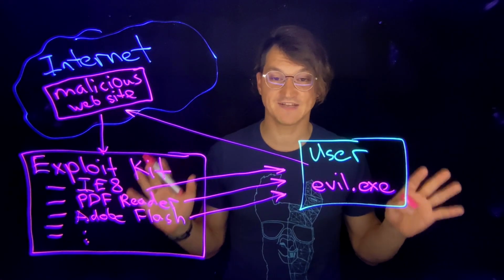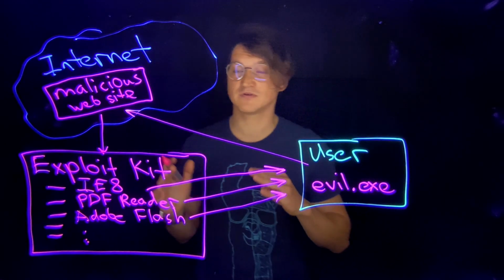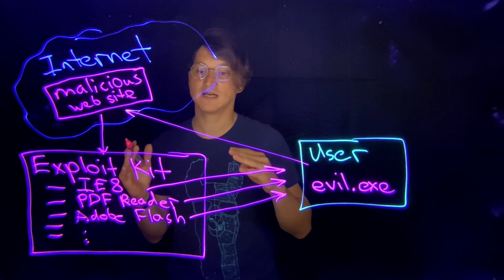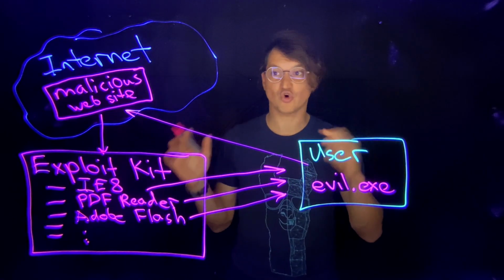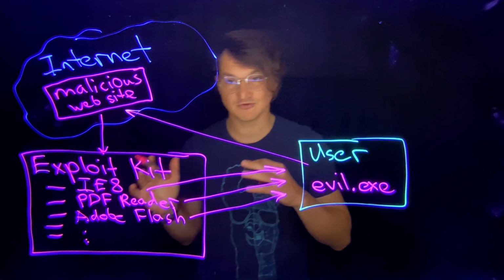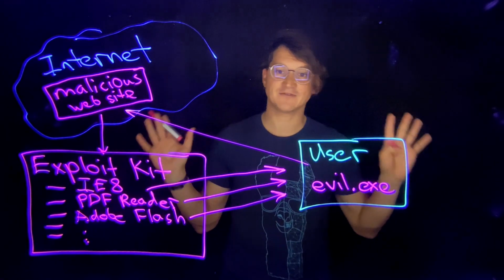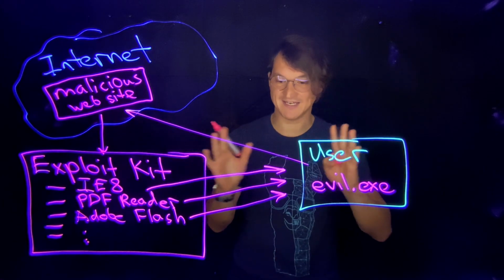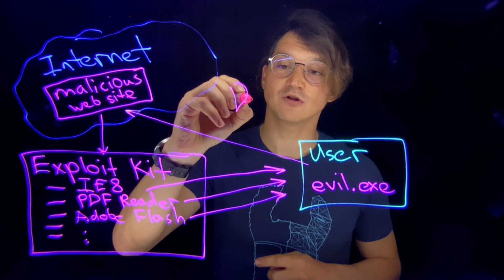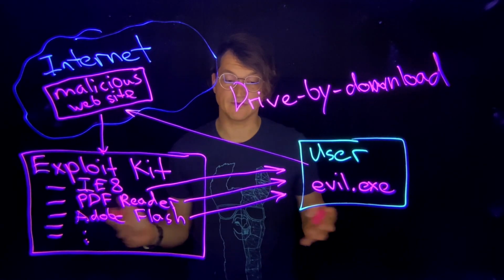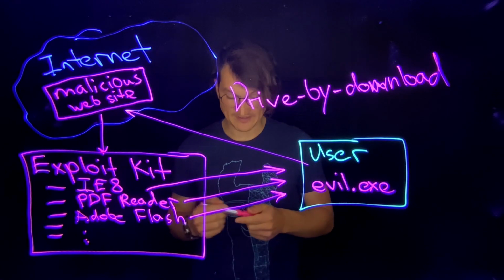If you're just browsing the internet and you have a vulnerable plugin or a vulnerable browser installed on your machine, and you just open the malicious website, it redirects you to the exploit kit, boom, your computer is infected. Nothing required from the user. It's pretty much a zero-click infection, and that is called a drive-by download. So that would be the way malware would infect users at that period of time.